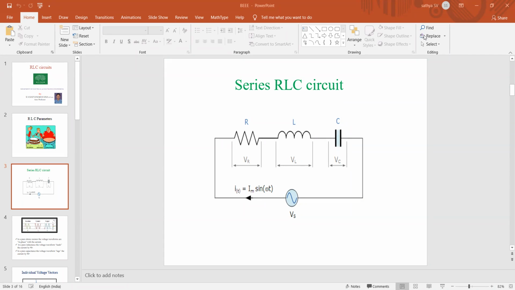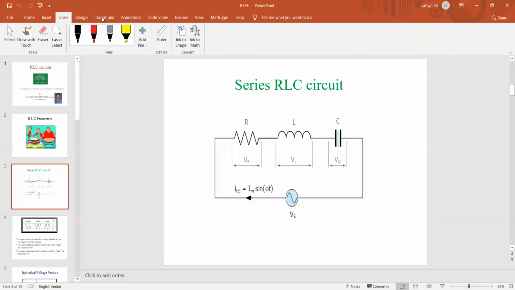Once the circuit is drawn, go for phasor representation. Will you draw the phasor representation on your own, for the individual resistor, inductor and capacitor? For the resistor, VR and I are in phase, right?